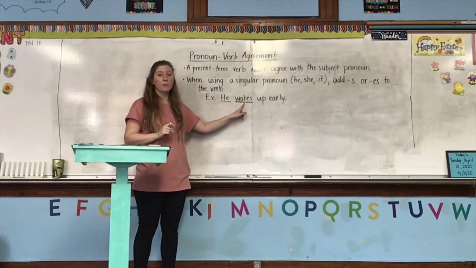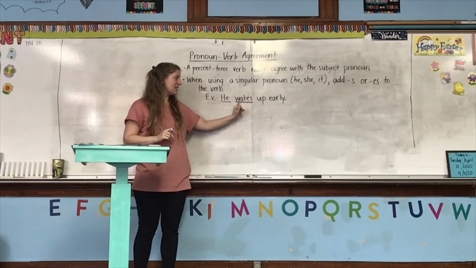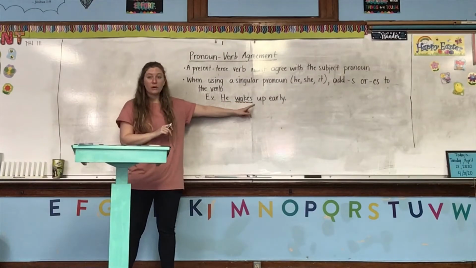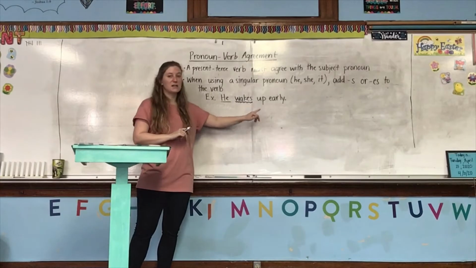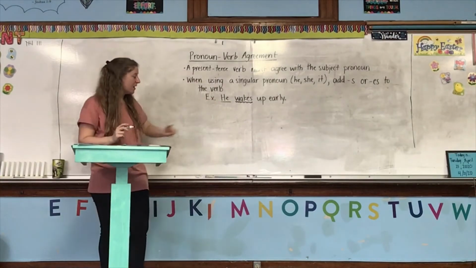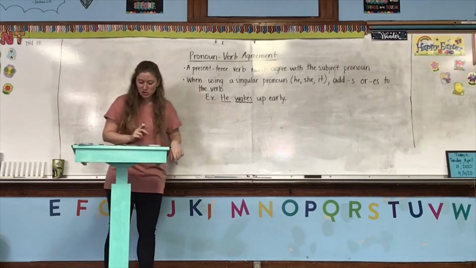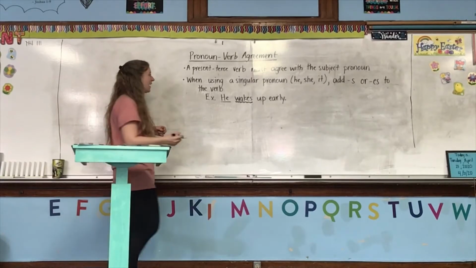So we took our base verb wake and we added S to the end. He wakes up early. This is telling us it's happening right now. We wouldn't say he wakes up early if it happened yesterday, and we wouldn't say he wakes up early if we're talking about that it's going to happen tomorrow. Now, the exception.